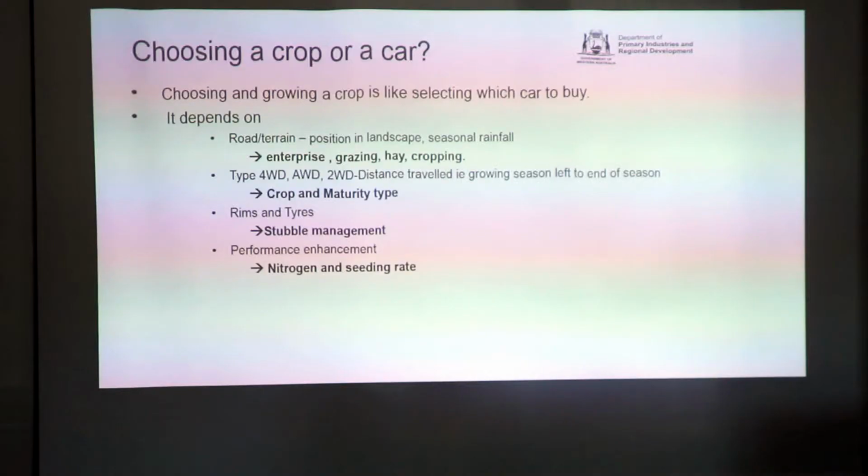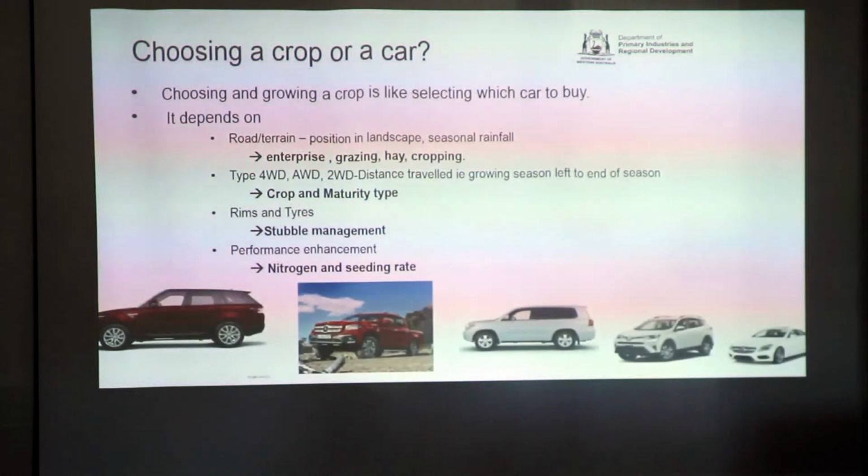The performance enhancement of a car, so whether you've chipped it, tuned it to make sure you get the most performance out of that V8 turbo diesel engine you've got in there, and that really comes back to your nutrition and seeding rate. So some of you have heard me talk about this analogy before in terms of wheat varieties. We've got the short season wheats, which are like the race cars of the car world. We've got the Cutlass Yippee types, which are kind of the mid-season, and the winter wheats, which are more like the Land Cruisers.